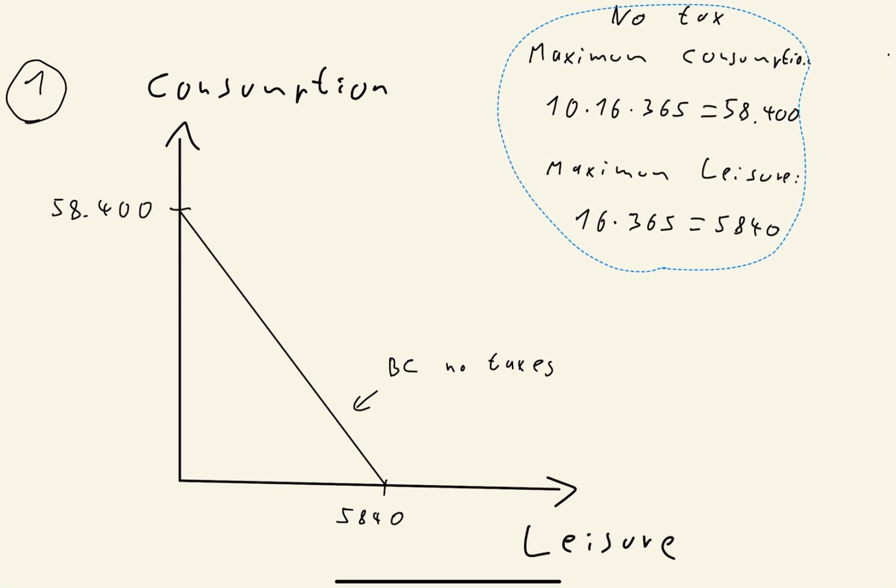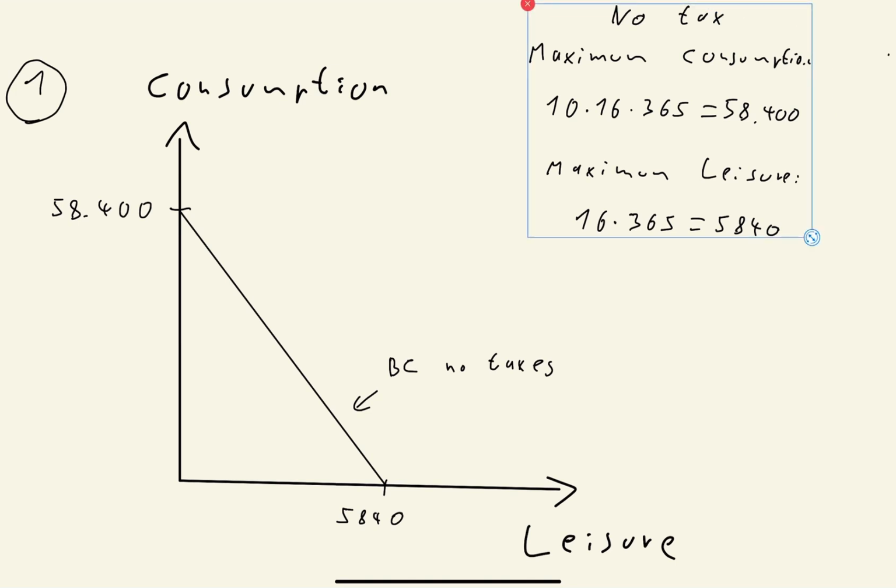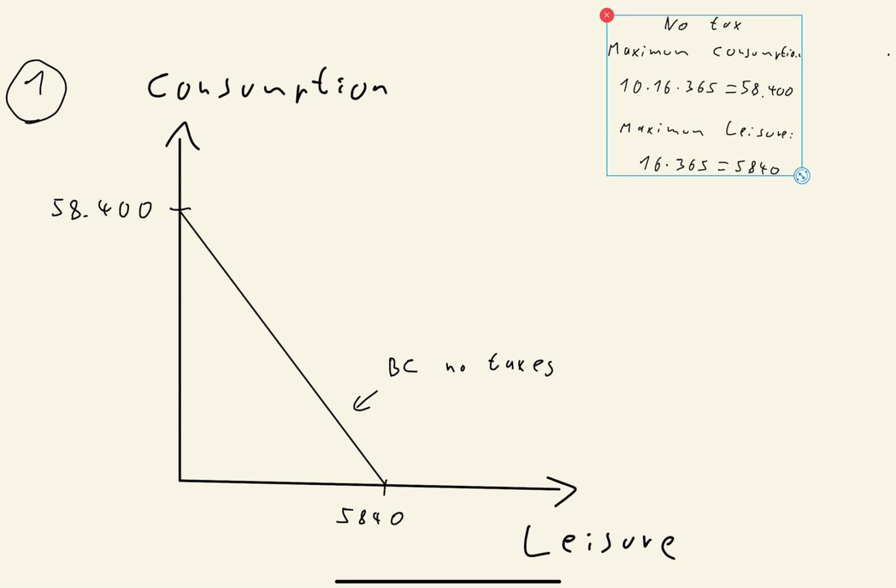I lost the i dot there, but never mind. So now let's consider a situation, this will be sub-exercise A now, with a 20% flat tax.